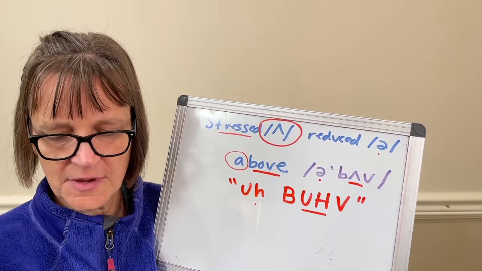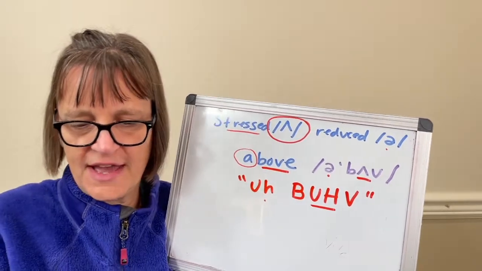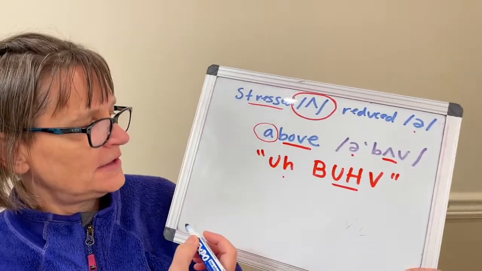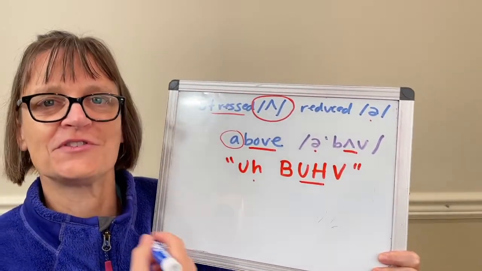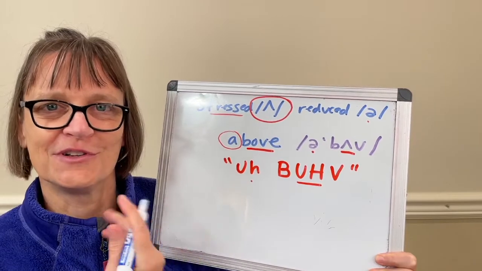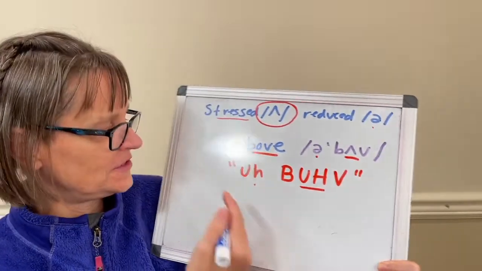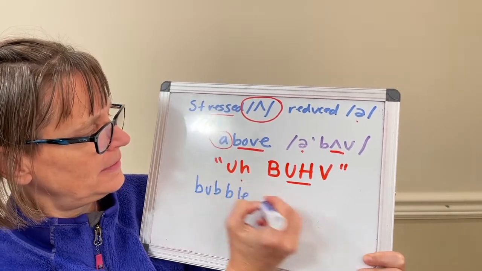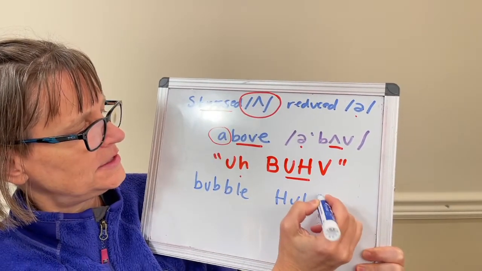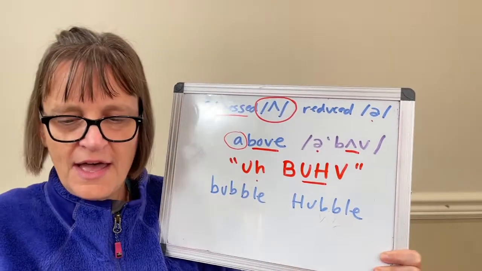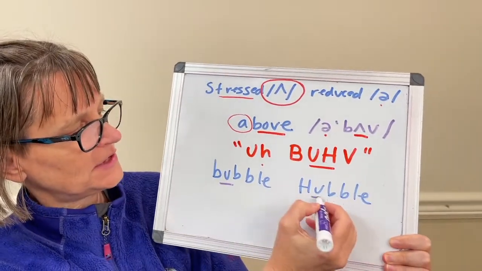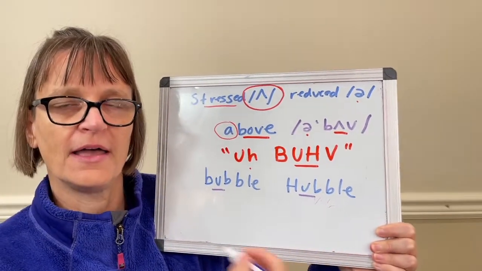I want to give you some other examples of words that have both a stressed and reduced schwa. And this is from one of our channel members. He had a request to cover these words, and it pairs in nicely with this topic. So talking about the words bubble and Hubble, what we have in these words is, again, a stressed schwa in the stressed syllable of bub and hub.